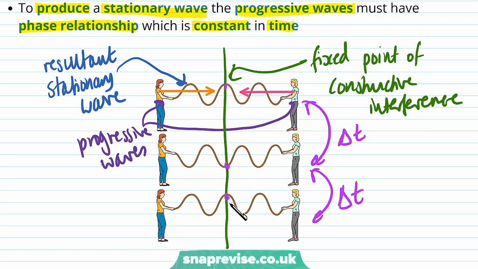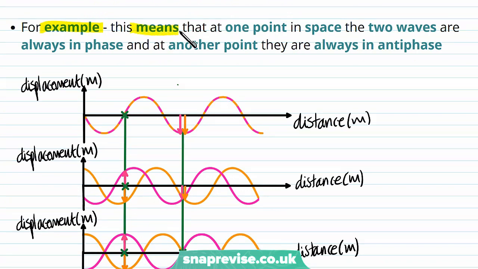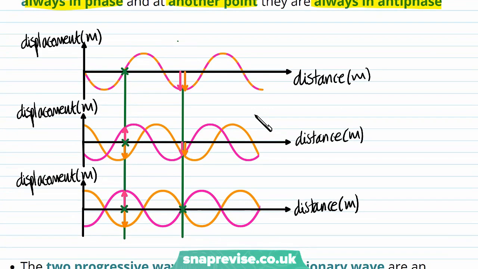So we can see that the phase relationship between these two waves is constant. For example, this means that at one point in space, the two waves are always in phase, and at another point, they are always in antiphase. Essentially, the phase relationship between the two waves remains constant, so they always have a constant phase difference. That's what we can see happening here.